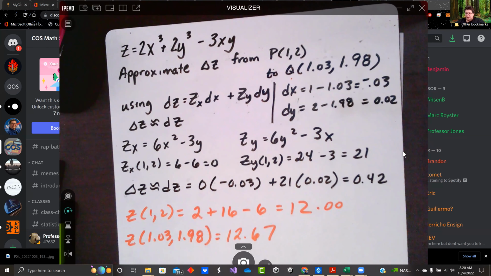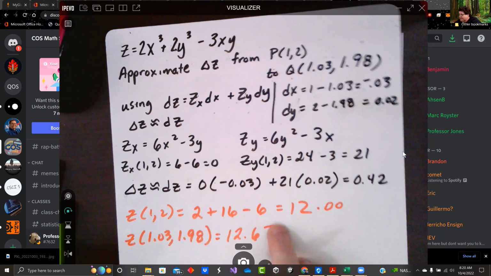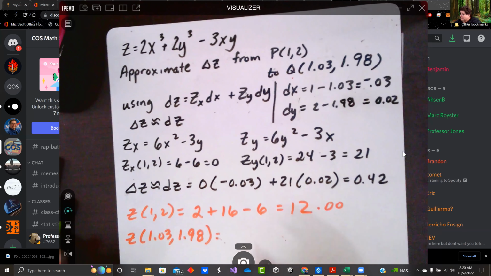Yeah, I thought about doing that one again. Let's see. 2 times 1.03 cubed. I'm already rechecking it. Yeah, I'm getting 11.59. Yeah, I'm getting 11.592 as well.